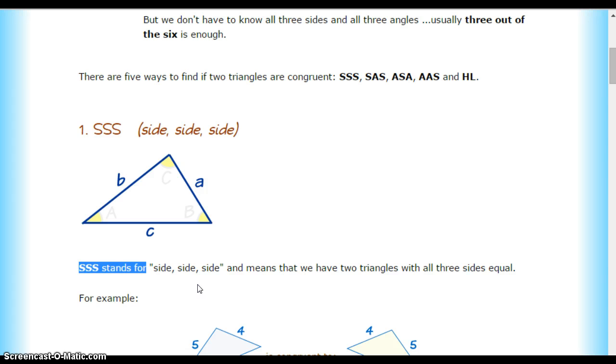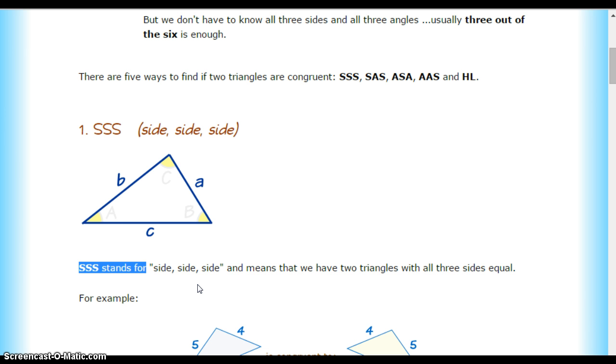We don't need to know anything about angles. If we know that 3 sides are equal, we know that those triangles are also congruent. Now what I want to do is show you and talk about how we could draw congruent triangles using this SSS way.